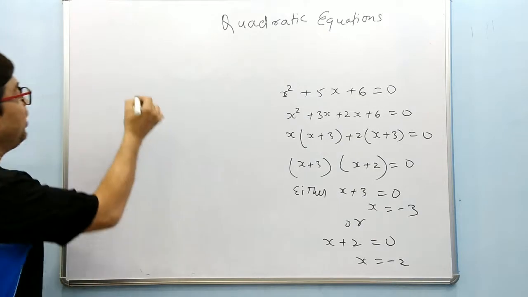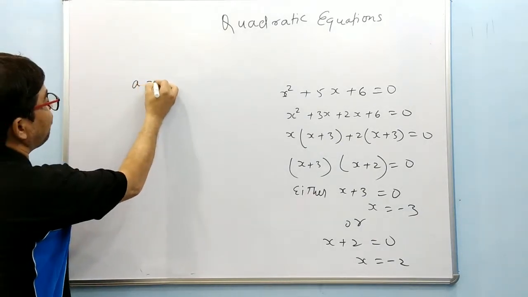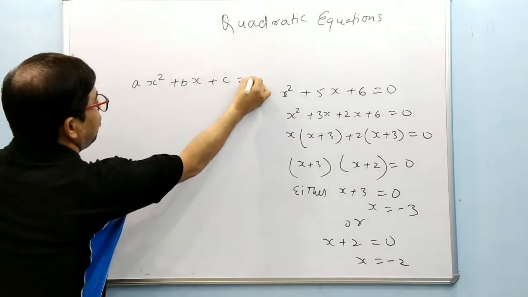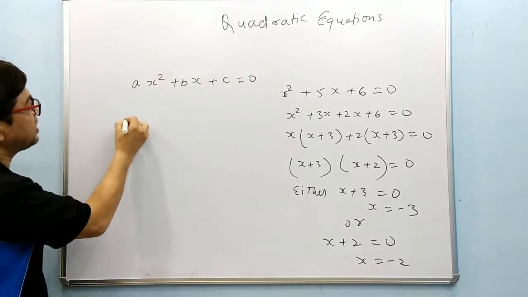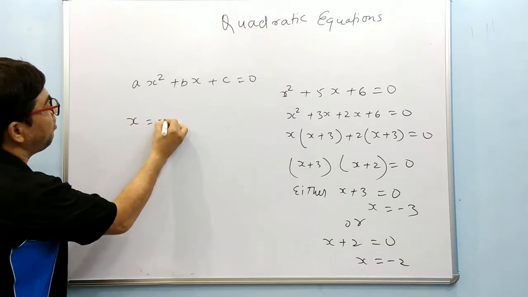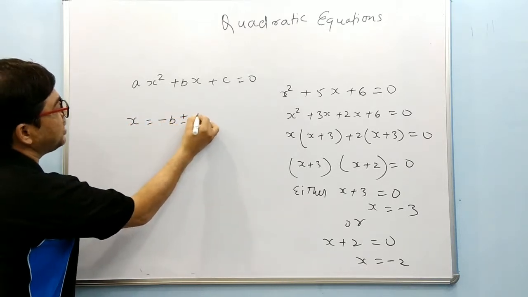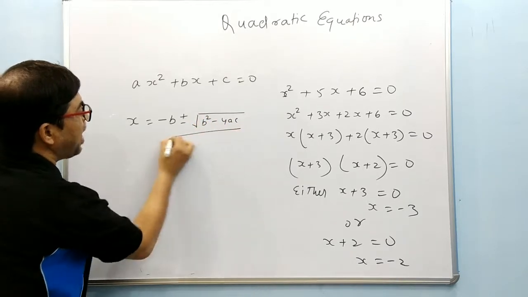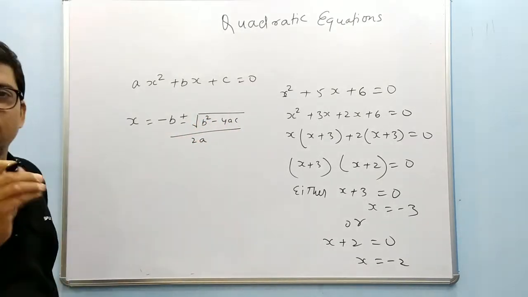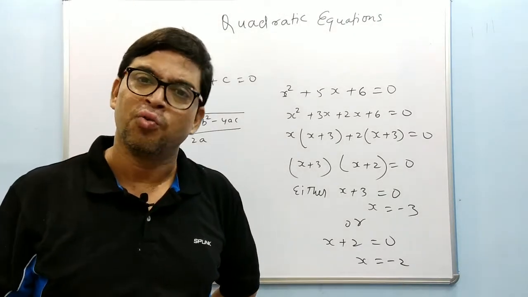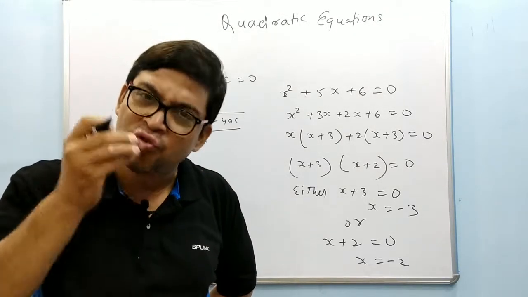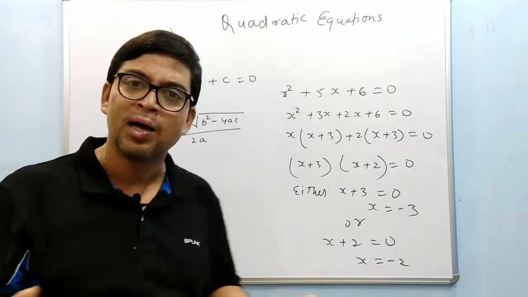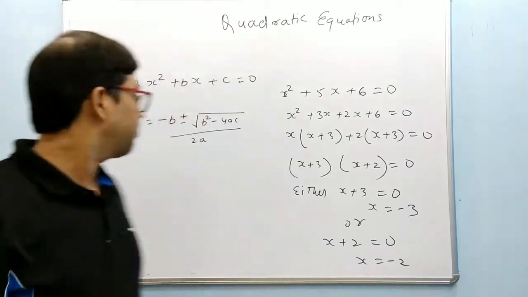See, if a quadratic equation is in the form ax square plus bx plus c is equal to 0, then the solution is given as x is equal to minus b plus minus under root b square minus 4ac by 2a. This is a very universal formula. You won't be applying this only in 10th standard. Throughout your life, you have to solve quadratic equations. You need that formula to get the solution.